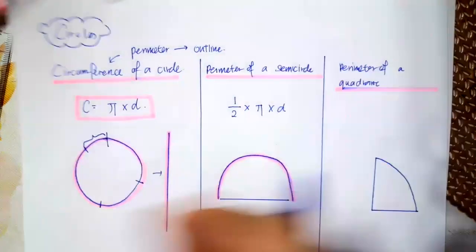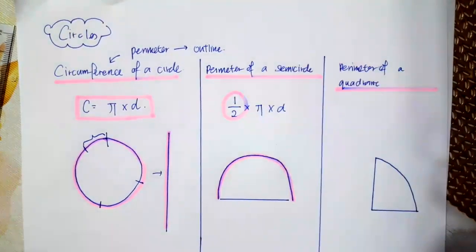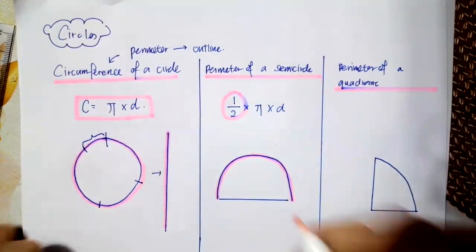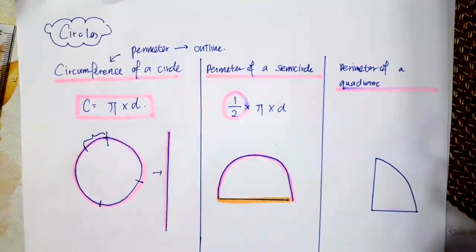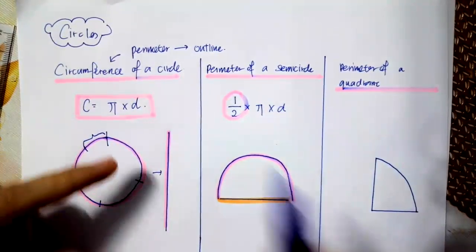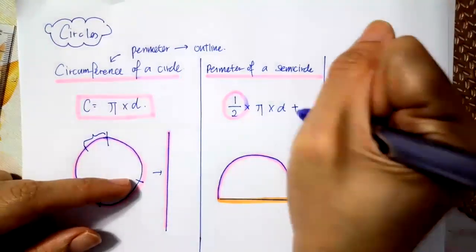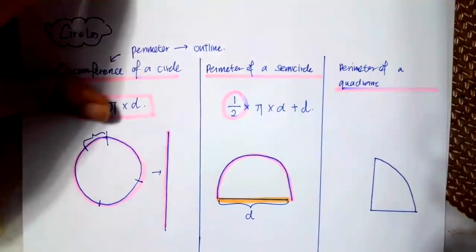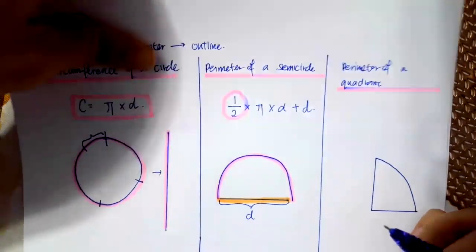Don't forget your half, it's very important. And then don't forget, after I'm done finding this line, this orange line is also part of the perimeter of a semicircle. So it's half times pi times d plus this is a diameter, so you must plus a d as well, if I'm finding the perimeter of a simple semicircle like this.